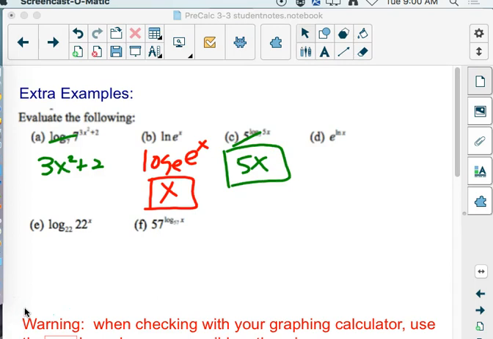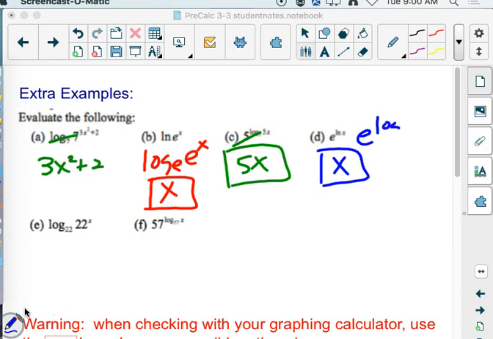D, that's x. e to the logarithm base e of x. Inverses. E, x. And F, x. You're all thinking, what is our homework going to look like today? Well, remember to look for the inverses.